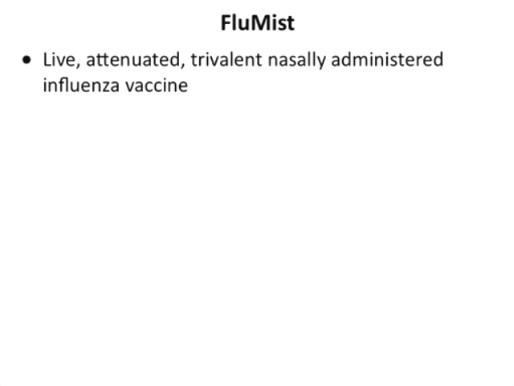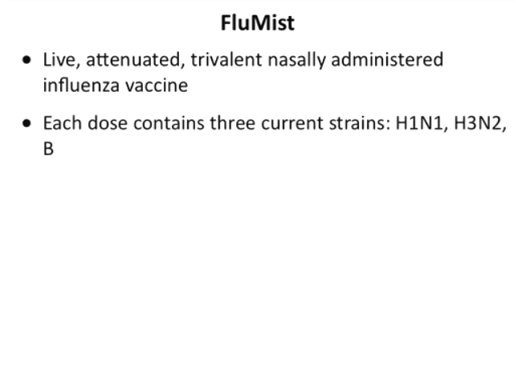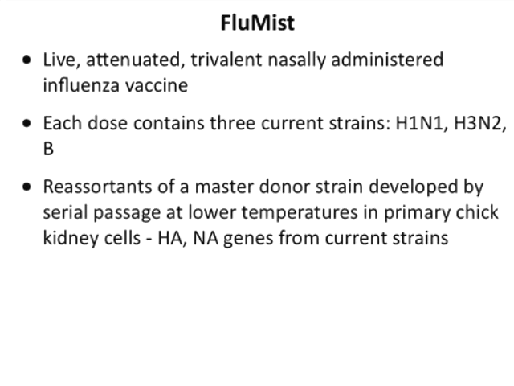The other infectious vaccine I wanted to tell you about is for influenza. So we have a killed influenza vaccine. We also have a live attenuated nasally administered vaccine called FluMist. It has 3 different strains in it. These are actually reassortants. So a master strain was made years ago, which is cold sensitive and attenuated.